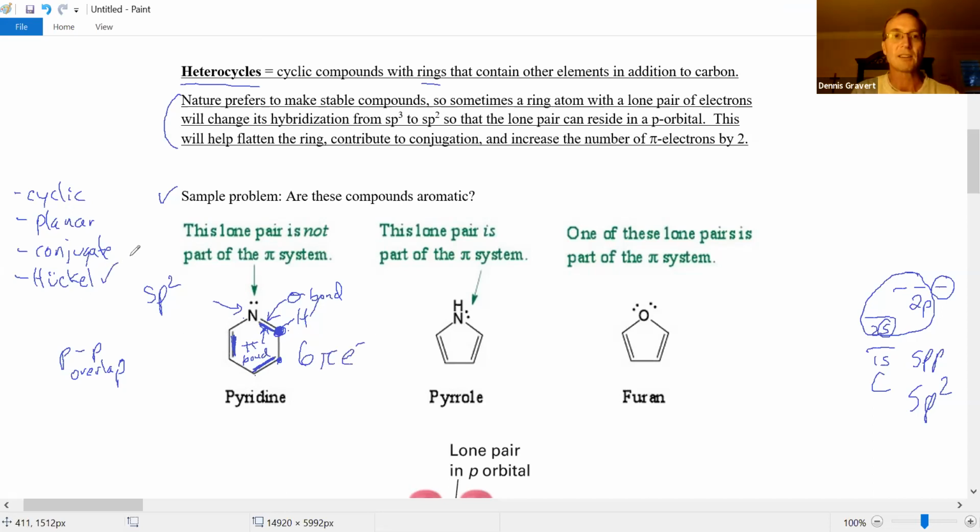And so it does have a Huckel number. Oh, I skipped conjugated. Every atom is sp2, meaning it has a p orbital left over for those pi bonds. Everybody has a p orbital, so yes, everybody's conjugated. And if they're all sp2, it should be planar, and it's cyclic, so yes, aromatic.